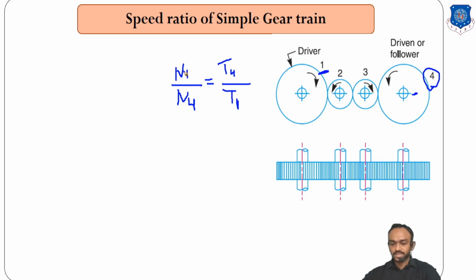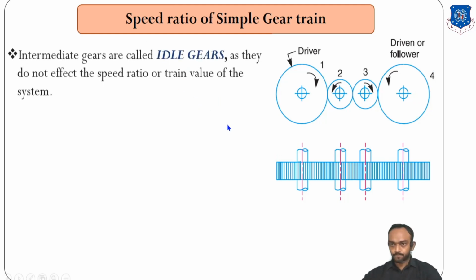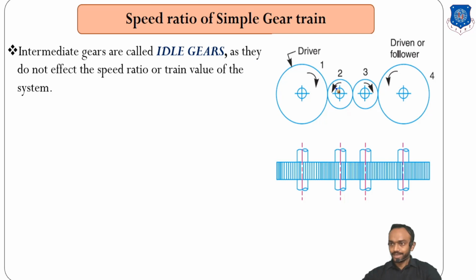This is the basic equation we will use every time. But there are intermediate gears we have assembled in between 1 and 4. These intermediate gears do not affect the speed ratio.